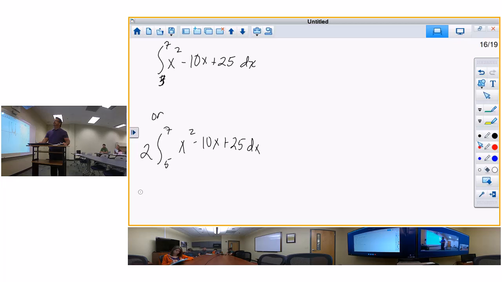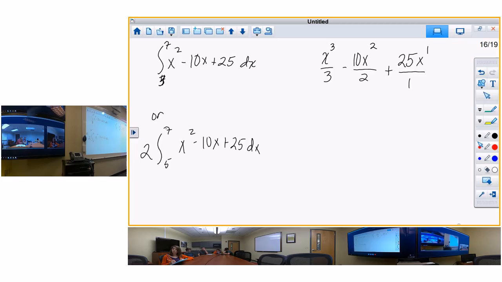All right, so I'm going to take the antiderivative. That's going to be x to the third over 3 minus 10x to the 2 over 2 plus 25x to the 1 over 1. I don't have to worry about plus c, because when we're dealing with definite integrals, the c does not apply because you're plugging in something.